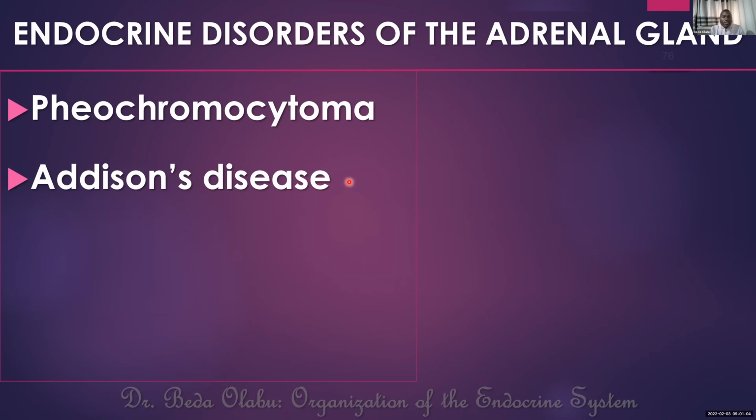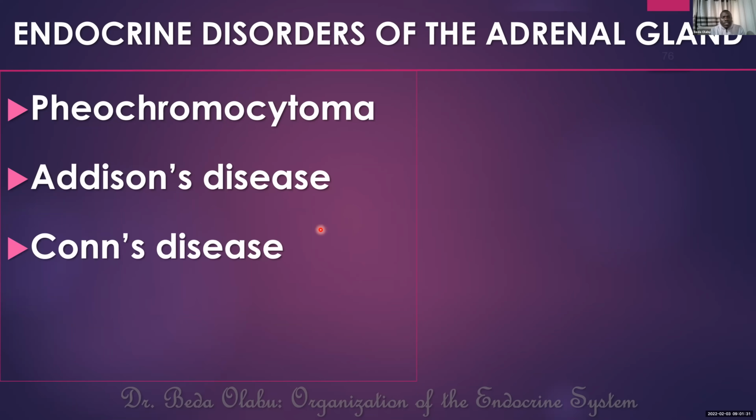Addison's disease is adrenocortical deficiency. It's a deficiency of the zona fasciculata as well as zona glomerulosa, so that there is a reduction in hormonal production, both glucocorticoids as well as mineralocorticoids.